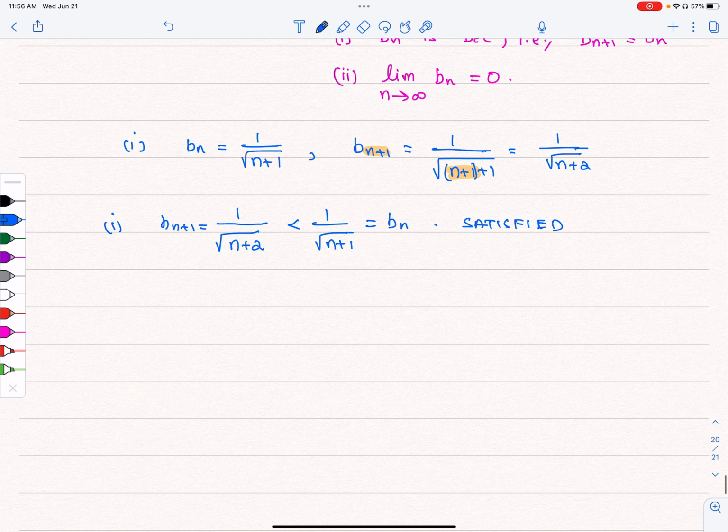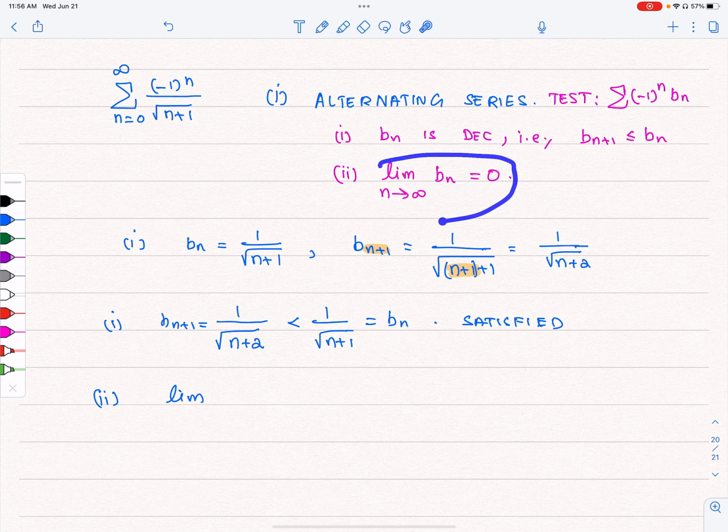Let's take a look at condition number two, that is finding the limit as n goes to infinity of b_n. If I do that, it's the limit as n goes to infinity of 1 over the square root of n plus 1.